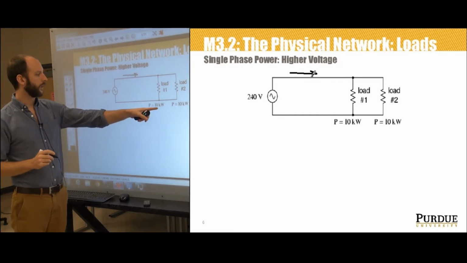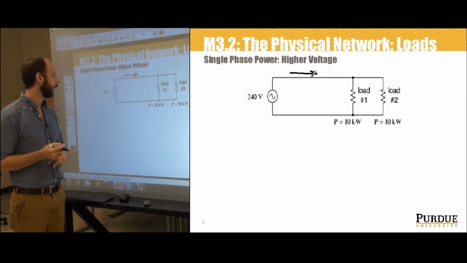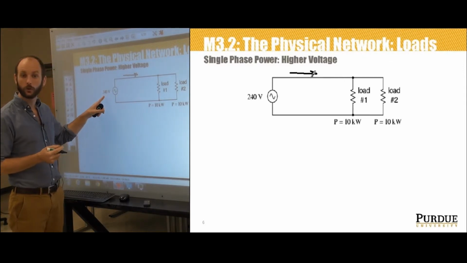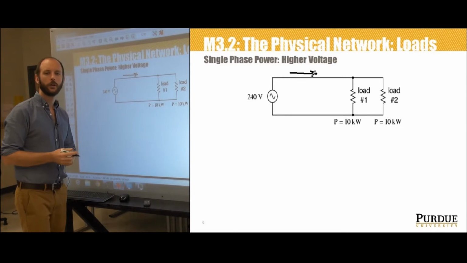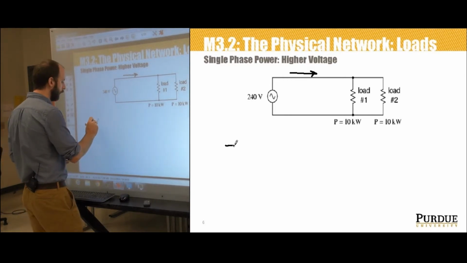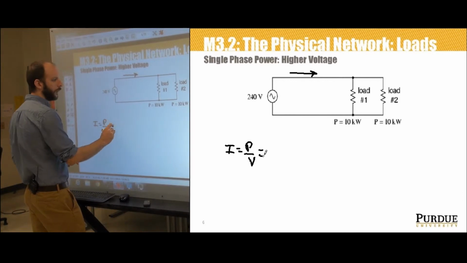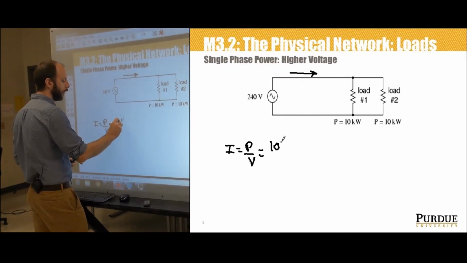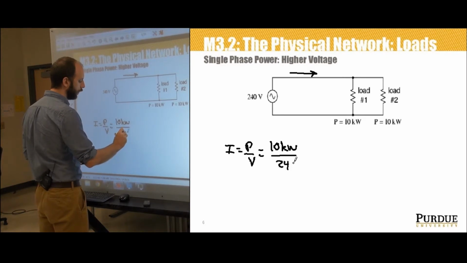So again, we just divide the 10 kilowatts. This time, instead of dividing by 120, we divide by 240. So not too surprisingly, that's going to drop our current in half. We get I equals P over V, that's 10 kilowatts over 240 volts.